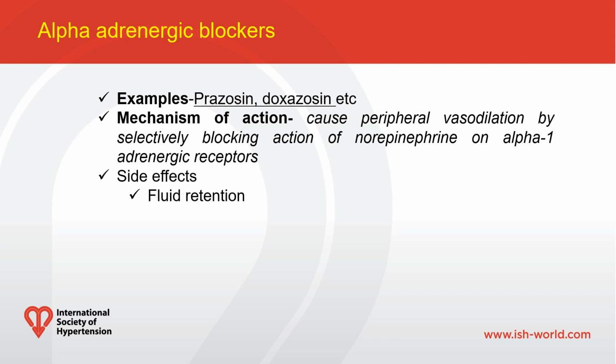I will just need to state here that this same group of drugs is used to treat benign prostatic hypertrophy, BPH, and as it's shrinking the prostate, it's bringing down the blood pressure too. So we have to be mindful of this when we want to use it in combination with other antihypertensives.